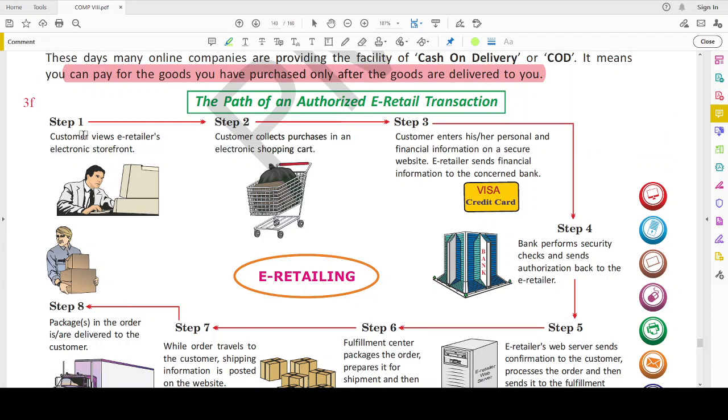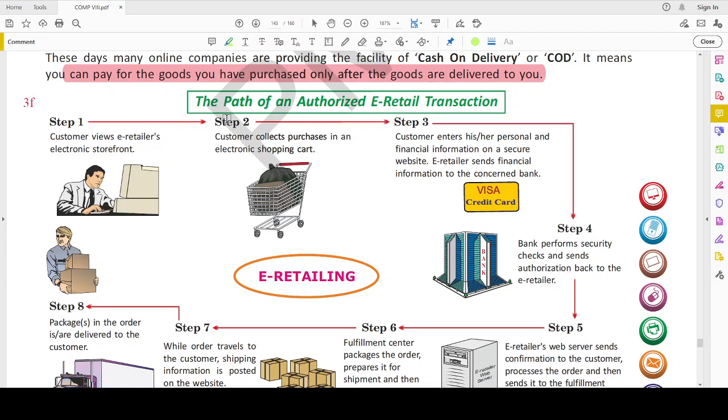Now there can be a variation in the steps. Instead of giving the financial details on the e-retailer site, you may choose a cash on delivery option.